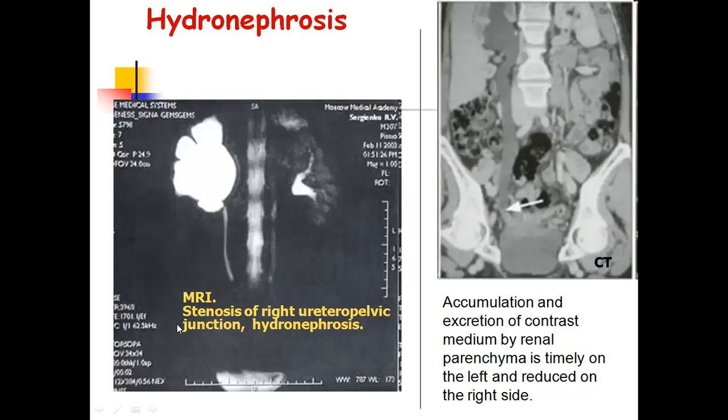MRI, an example of stenosis of the right uretero-pelvic junction, here, and hydronephrosis of upper parts of the collecting system of kidneys.